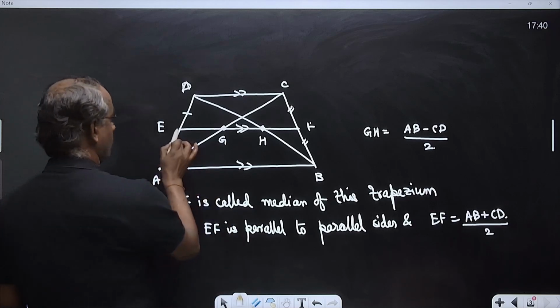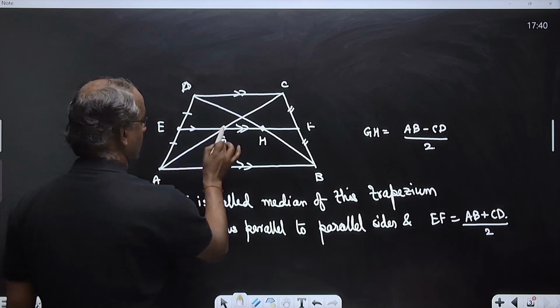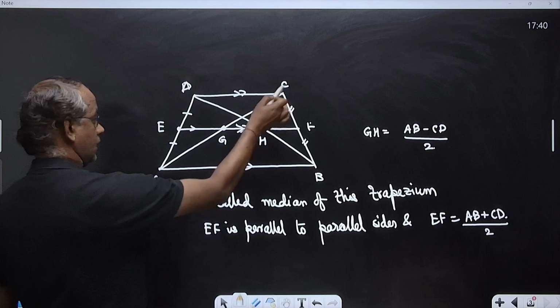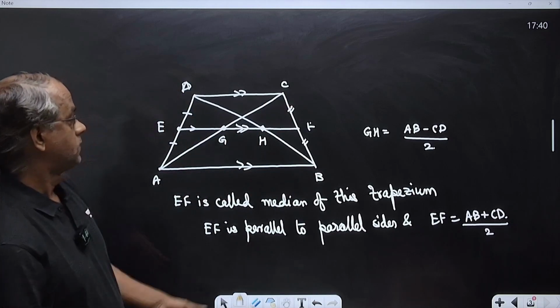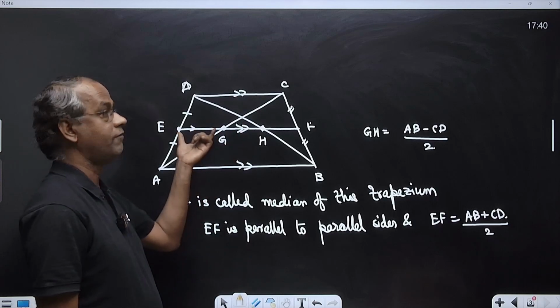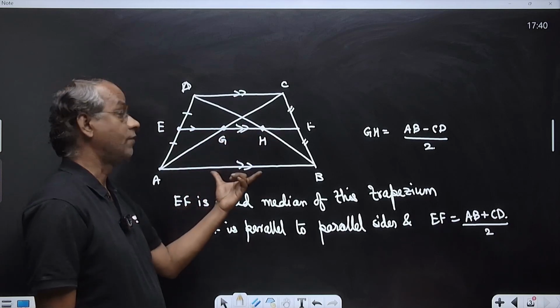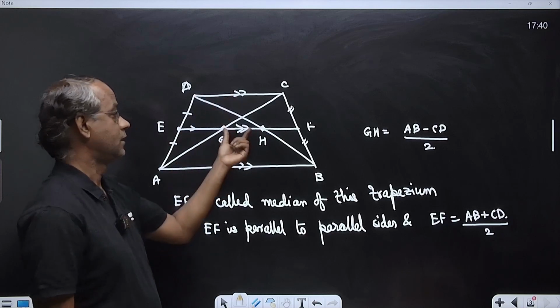You can see from this point you are drawing a line parallel to this, so it will be bisecting AC also, it will be bisecting AB also. Okay. And insofar as length is concerned, this is half of AB, this is half of AC. So what is this?